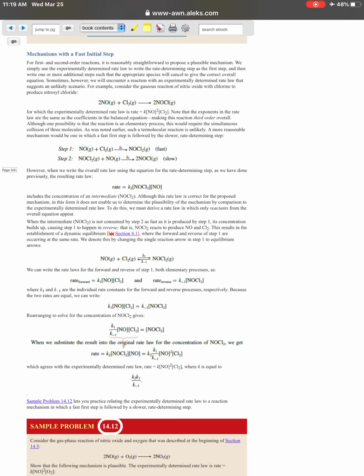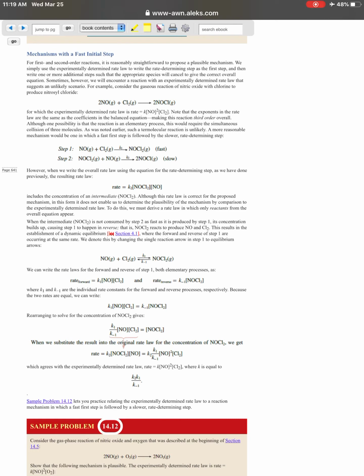When the intermediate NOCl2 is not consumed by step 2 as fast as it is produced in step 1, its concentration builds up, causing step 1 to happen in reverse. That is, NOCl2 reacts to produce NO and Cl2. This results in the establishment of a dynamic equilibrium, section 4.1, where the forward and reverse of step 1 are occurring at the same rate.